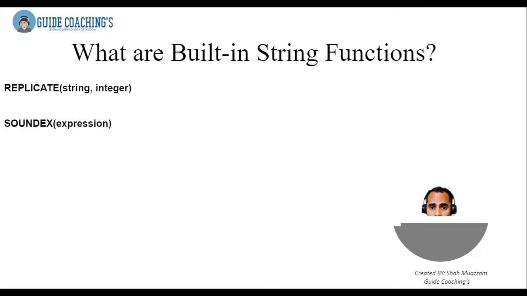That's how replicate works. Then we have soundex. We have seen this soundex earlier in our session, where we discussed the pronunciation of two words. Whenever those two words are similar in pronunciation, it gives certain characters, such as S and 000.